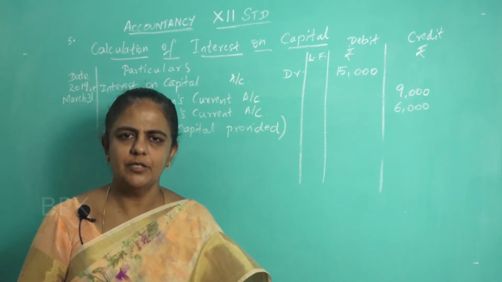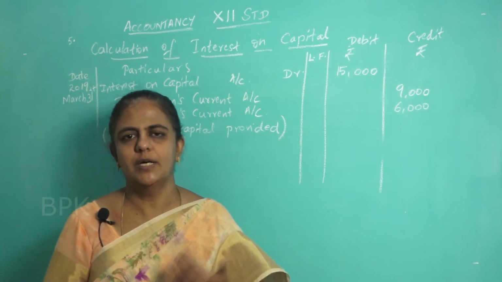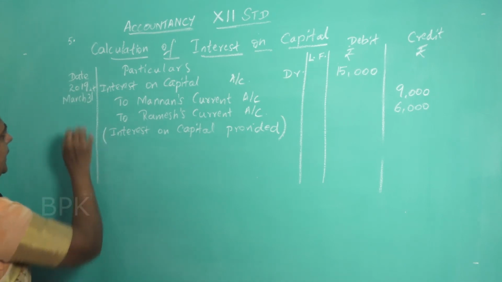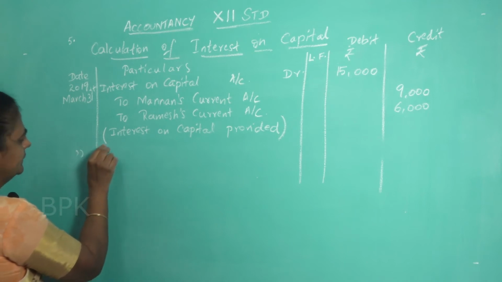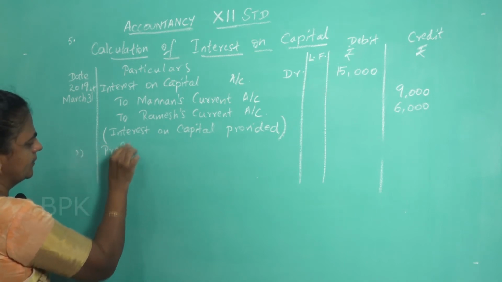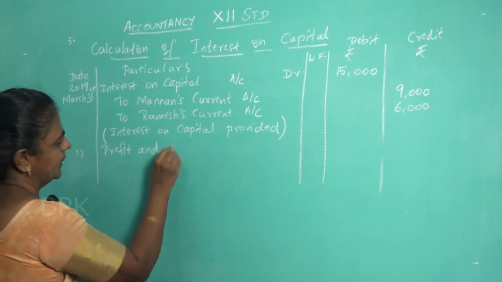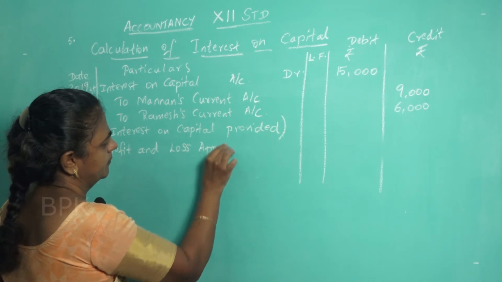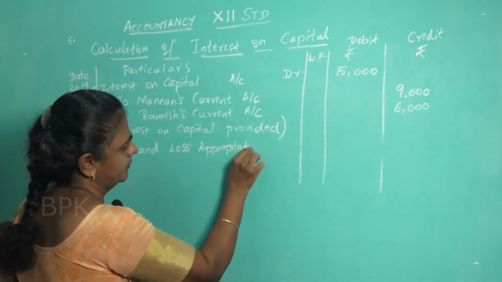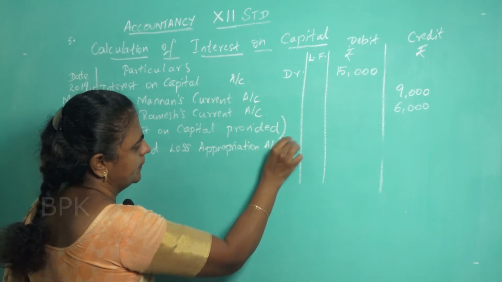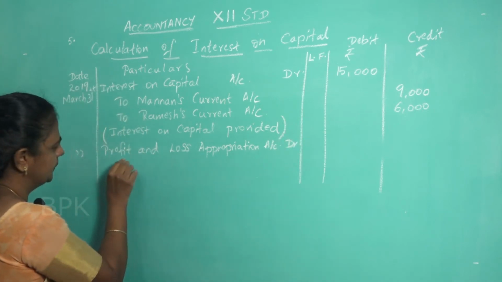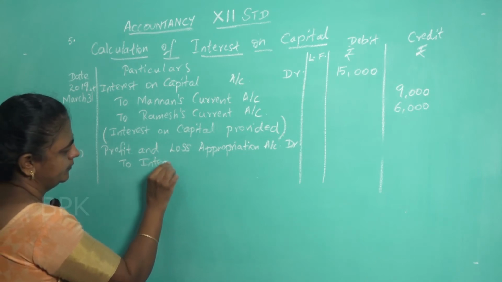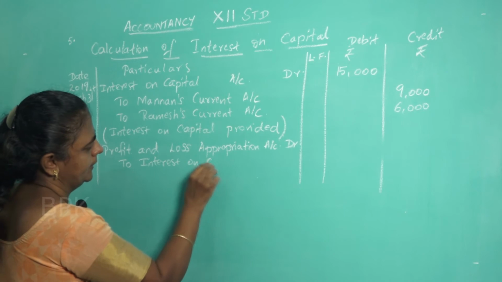So when it is transferred to the profit and loss appropriation account, what is the journal for that? You write like this. Date, you put the same date, and write: profit and loss appropriation account debit to interest on capital.